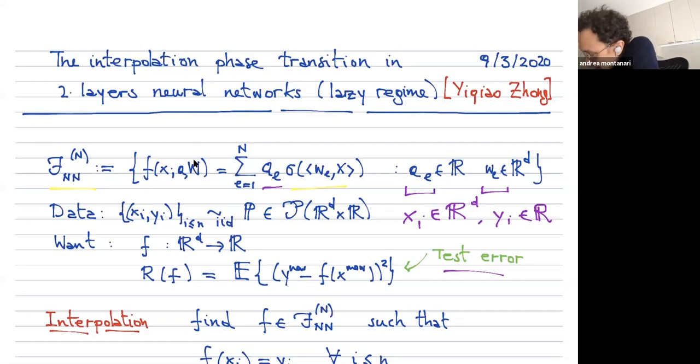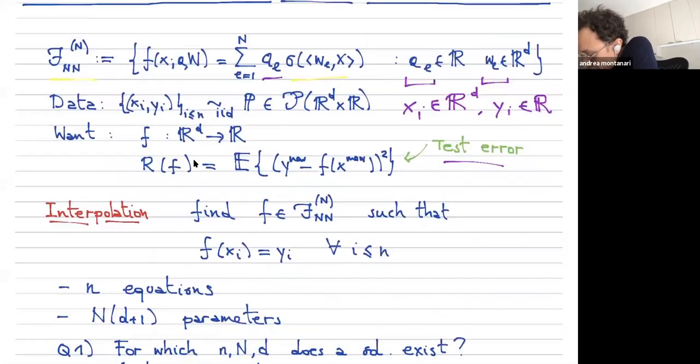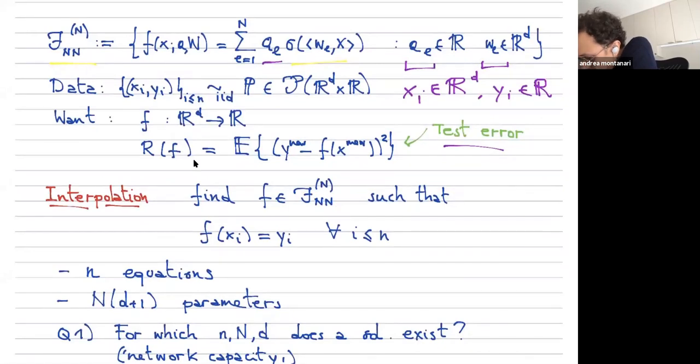Okay, so the test error is the mismatch between a new label and f of the feature vector. It turns out that it is often the case in modern neural networks that gradient descent algorithms actually do this by finding an interpolating solution.